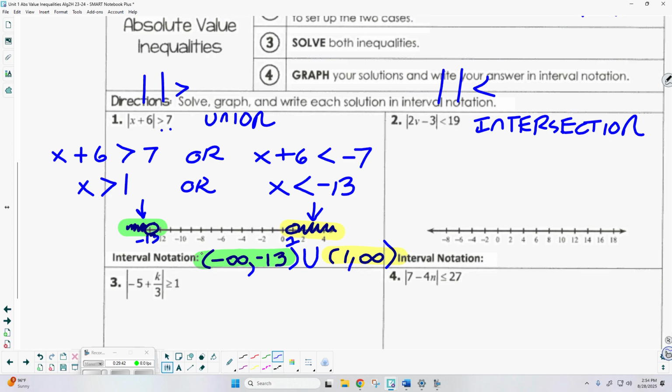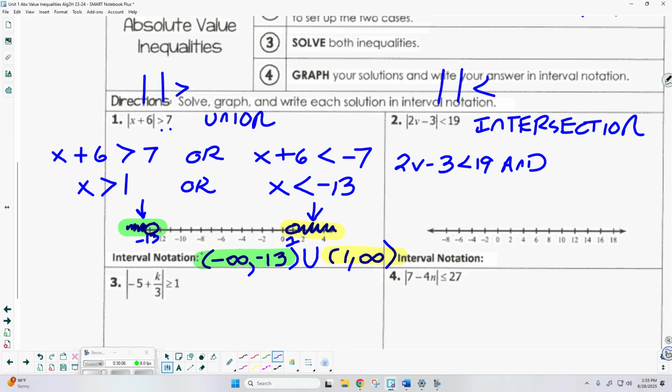So I've got the absolute value of 2v minus 3 is less than 19. Well, there's nothing for me to move around, so I'm already set to create my 2 inequalities. Keep it. What's the first one going to look like? 2v minus 3 is less than 19.